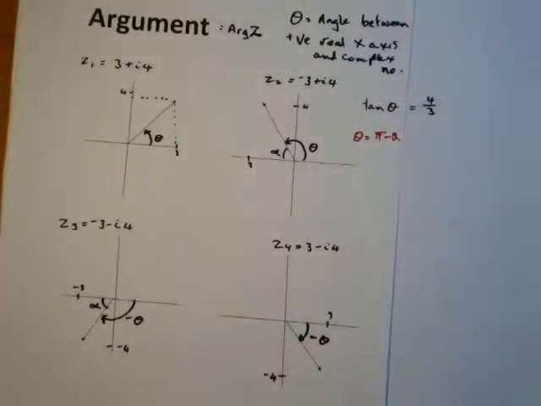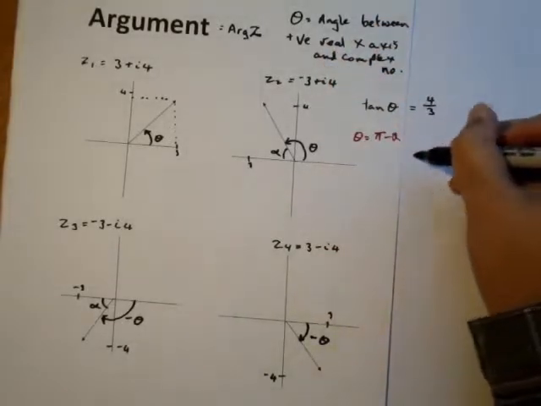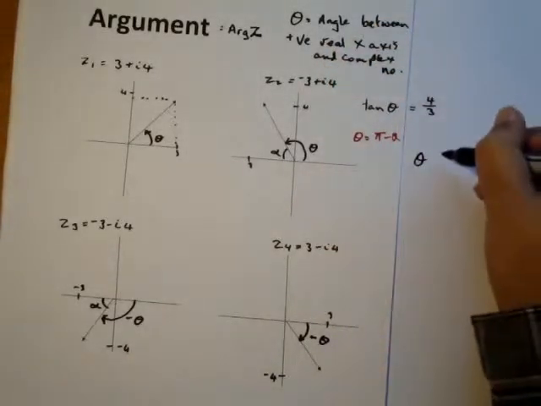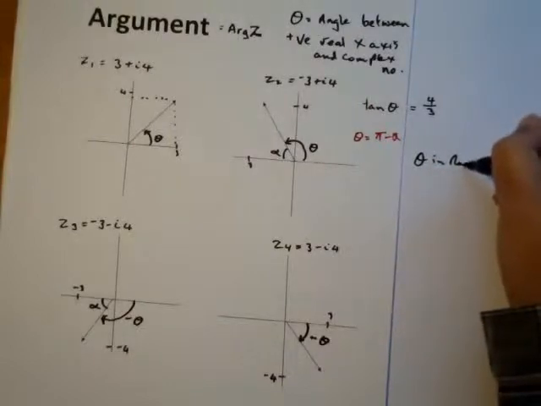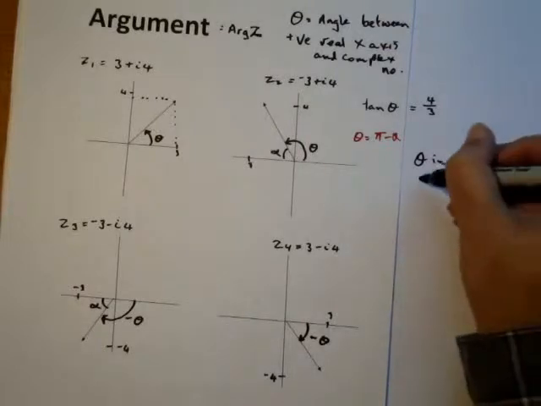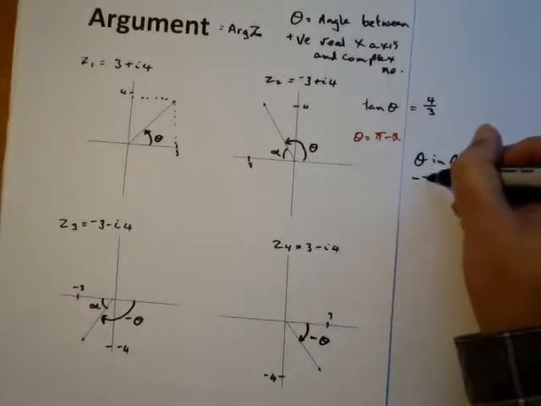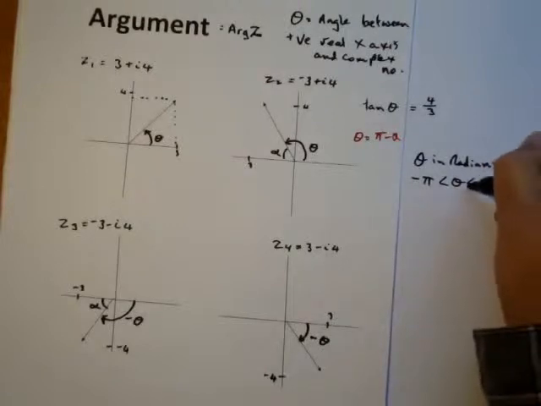We're going to work in radians. Theta is in radians usually, and within the range minus pi to pi.